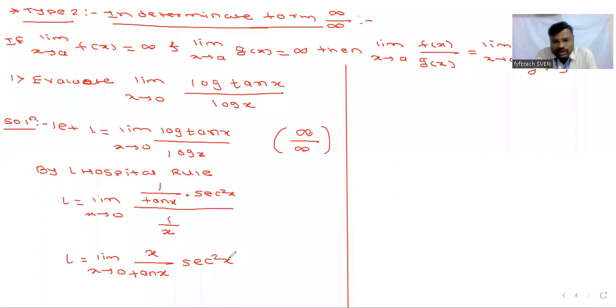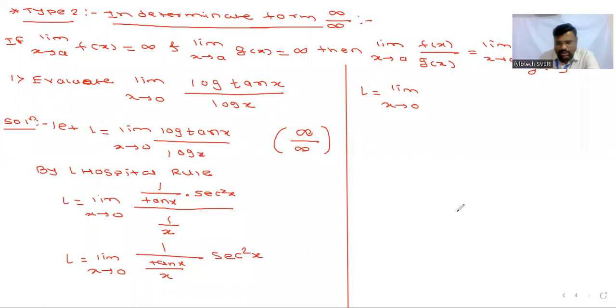If you put x equal to 0, we got the 0/0 form. But observing one thing, what are you observing? We know that limit x tends to 0, x upon tan x, what is the answer? Or instead of this, we write it like this: 1 by tan x by x.